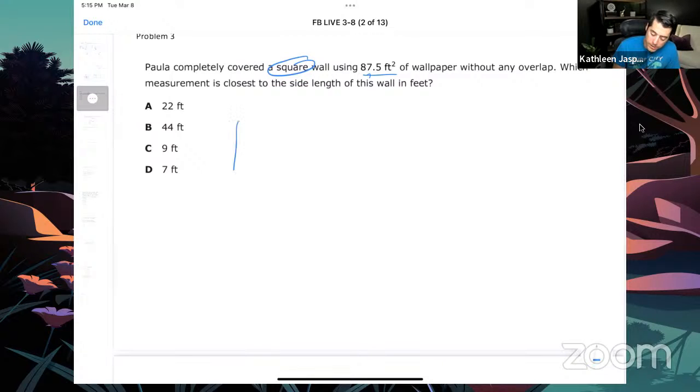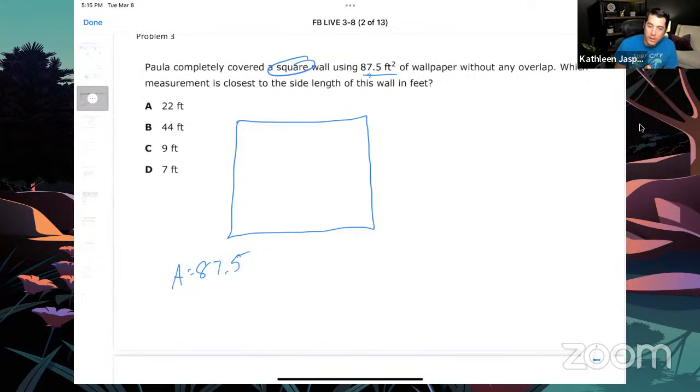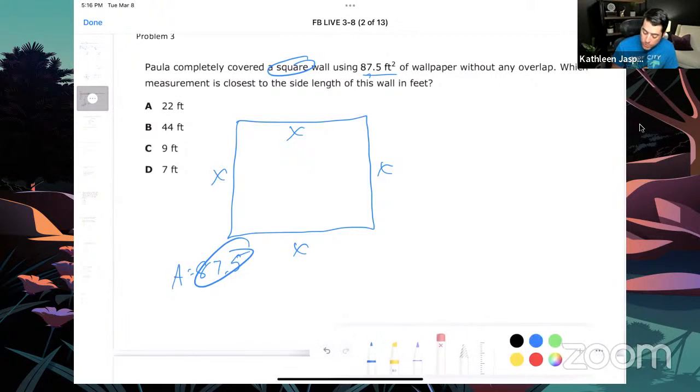So if I draw a square, and mind you, it's not going to be perfect, the area is equal to 87.5. Well, what do we know about squares? Squares have all sides the same, x, x, x, x. So if I know what the side lengths are, in this case I do because it's algebra and I put a variable there, and I know the total, which is 87.5, well, then I can figure out what the side length is.